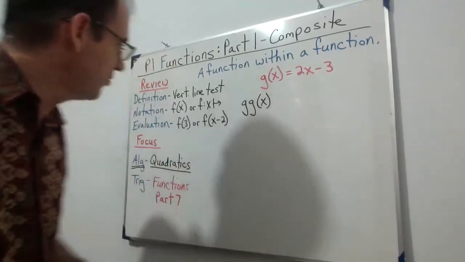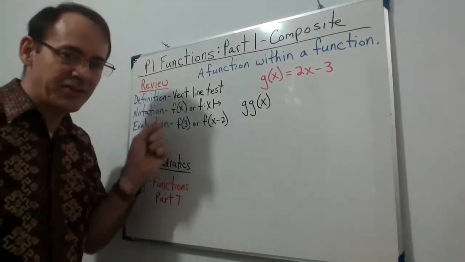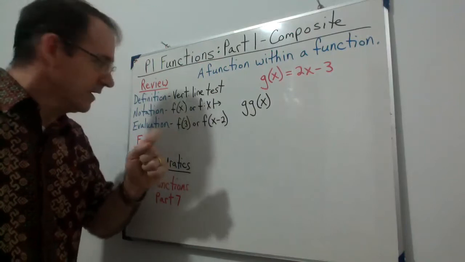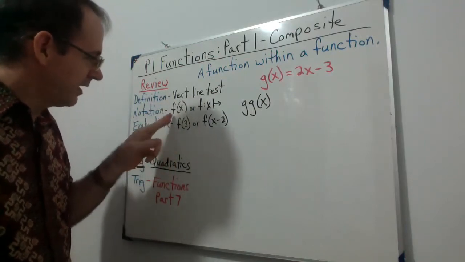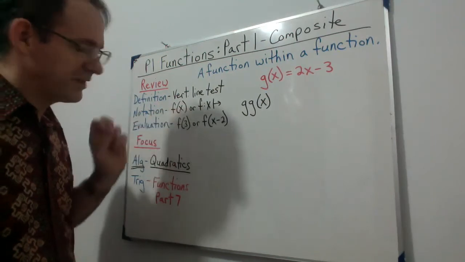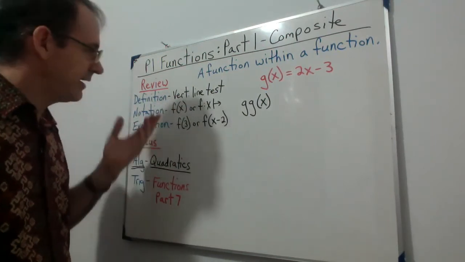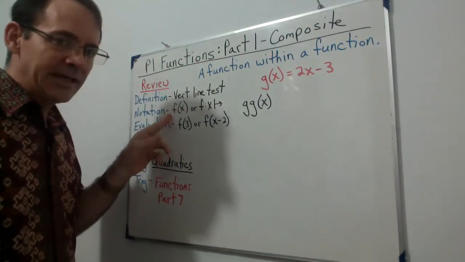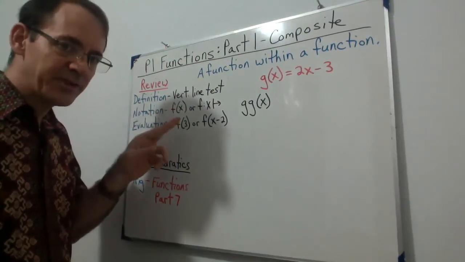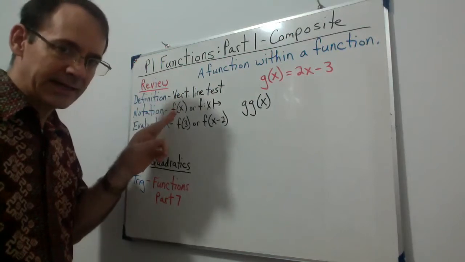With function notation, Cambridge likes to use two different notations. The first one is this f with a parenthesis and x, and we read it f of x. It means your function is written in terms of the variable x.